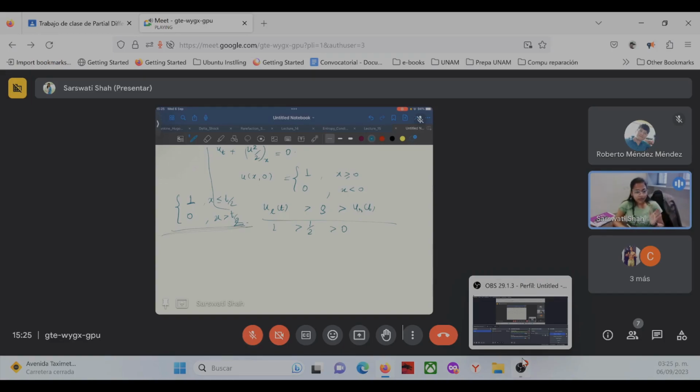Now I am writing a criterion. This criterion is for a convex flux function. What will we write for the general conservation law?